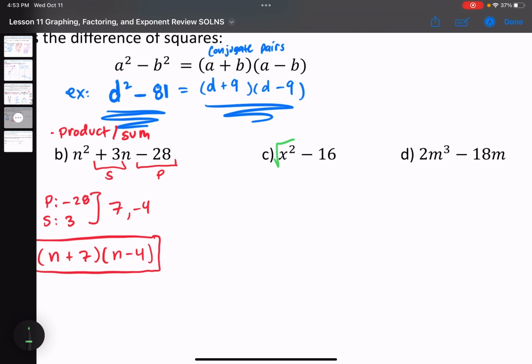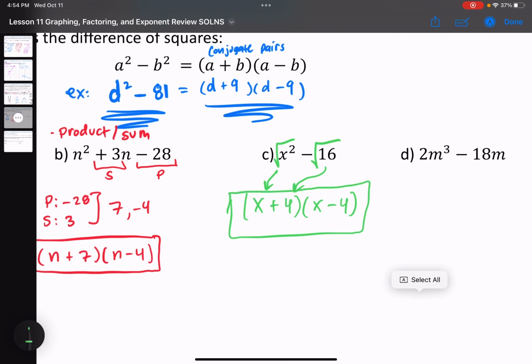So if I take the square root of each term, this is going to factor out to x plus 4 and x minus 4, because the square root of x squared is x and the square root of 16 is 4. Conjugate pairs by definition have plus and minus in between them.